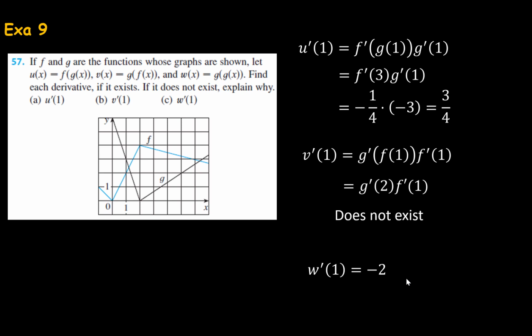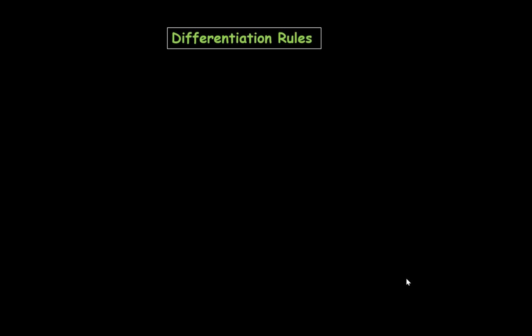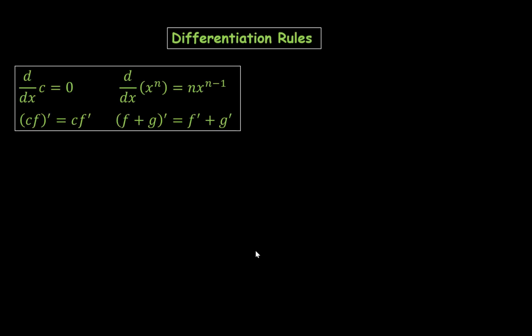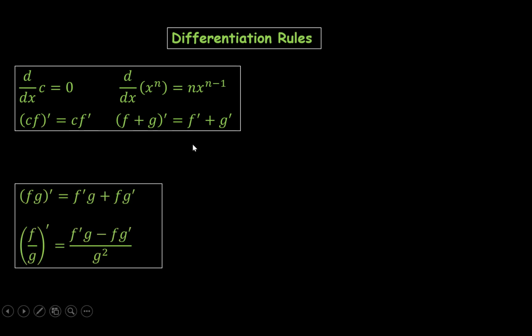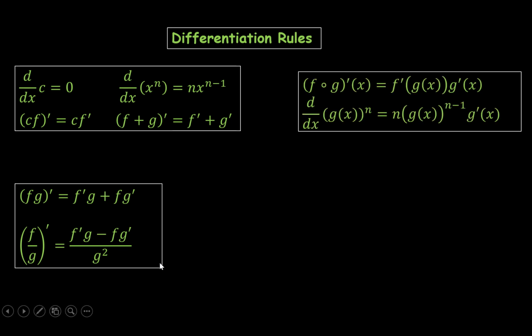All right. These are all the examples we're going to cover here. Let me just end with a summary of the formulas that we learned. Here are the most basic ones: the derivative of a constant, the power rule, the scalar product, the summation rule, and then we have the product rule, the quotient rule, the composition, the chain rule, and also the generalized power rule, which is practically easy to use as long as you have a power function.